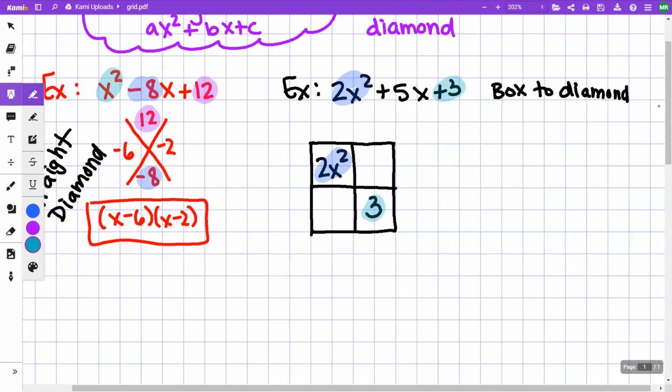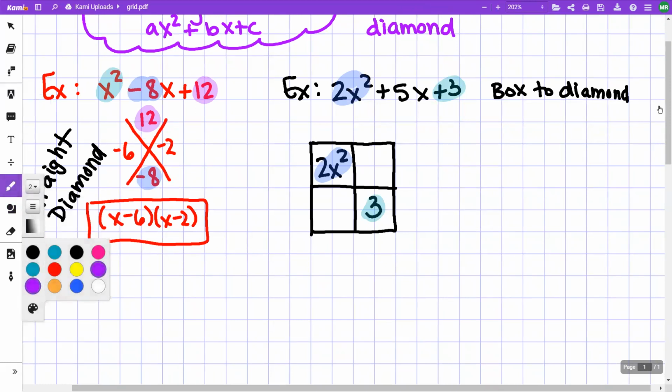with the 3. And then what's going to happen is, we saw that every time we multiply these, whatever this multiplied to, which is a 6x squared, this diagonal also multiplied to, but it had to add to the 5x.